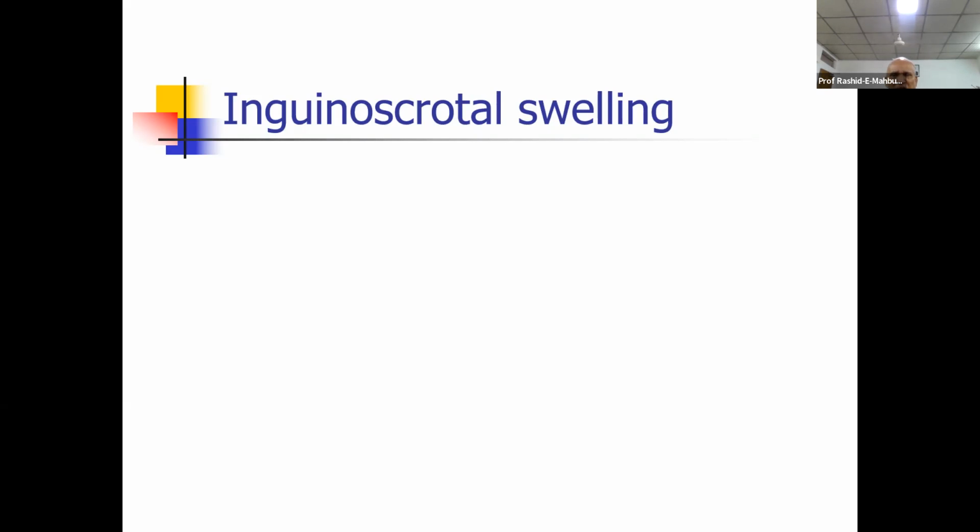Other things are also there. You can say there are tumors of the testis, benign or malignant. At the same time, when the testis comes down from upstream, it takes its blood supply also.